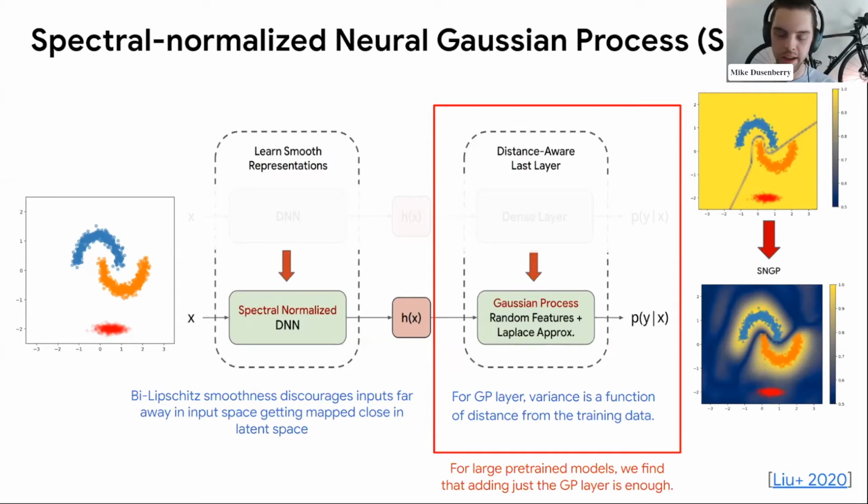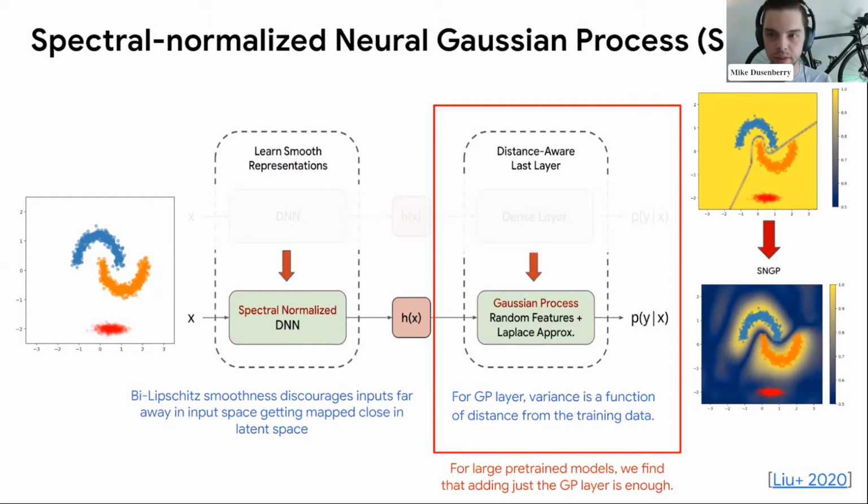It's some other class, but a normal model might classify that confidently as class 2 or this lower orange arc. Whereas what we really want is the bottom right figure where the model still separates them, but it is only confident in the region around the original classes, the blue and orange arcs, but not confident around this new third class. And so this Gaussian process last layer gives us that ability.